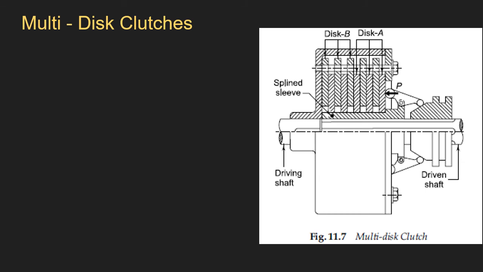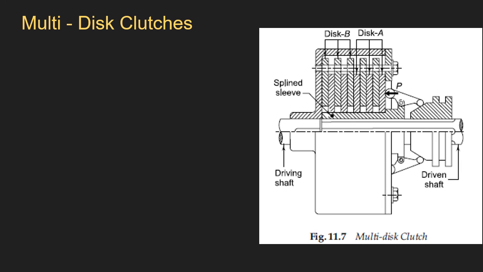And you can see that there are splines on the driven shaft here, and you have two different sets of discs or plates here. If you can see, these three, one, two, three are disc B, okay, and you have disc A, three plates of disc A. Now disc A, you can see, is connected to the driven shaft, right?